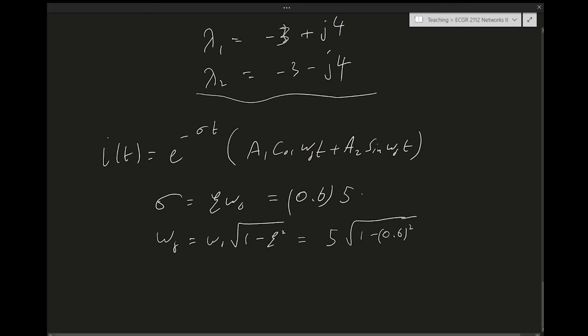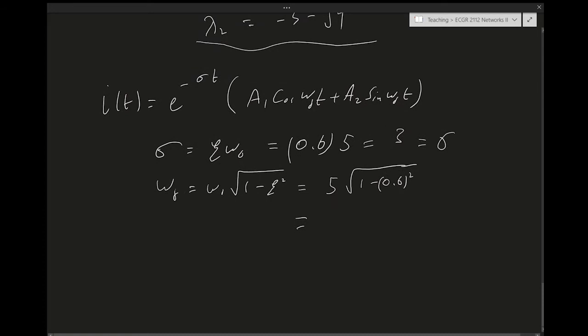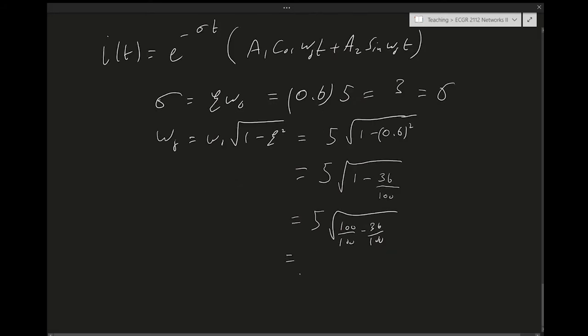Well, 0.6 times 5 is like 0.6 times 10 over 2, which is 6 over 2, which is 3, right? So this is sigma. And then omega d is just, let's do this, square root 1 minus 6 over 10 squared, which is 6 times 6 is 36 over 100, which equals 5 square root 100 over 100 minus 36 over 100 equals 5 square root 100 minus 36 is 64 over 100.